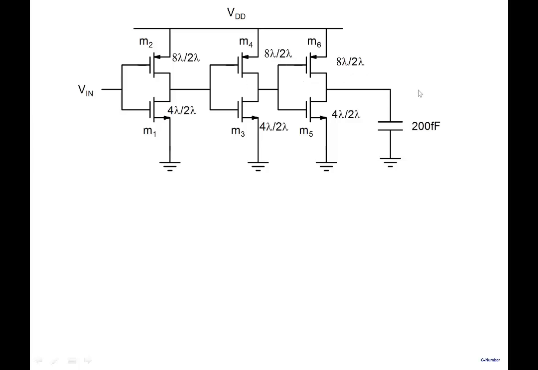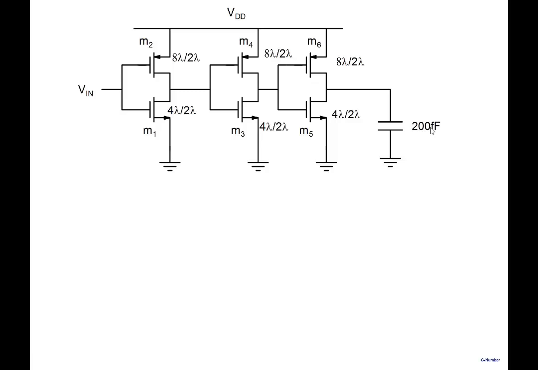We have 3 inverters connected in series, and there is a reasonably heavy capacitive load on this inverter, which is 200 femtofarad. Why am I saying it is reasonably heavy?